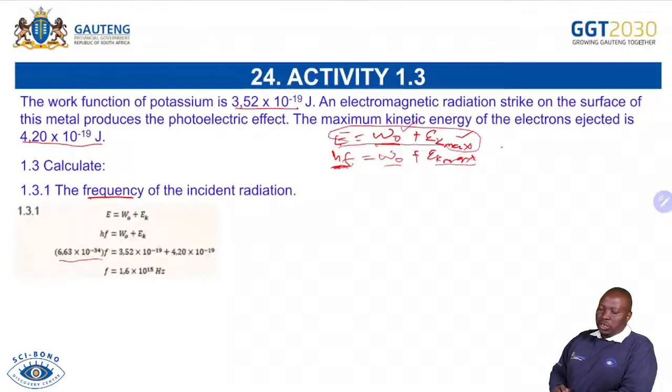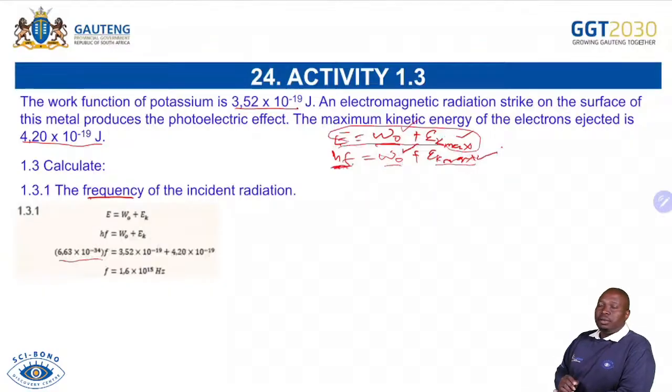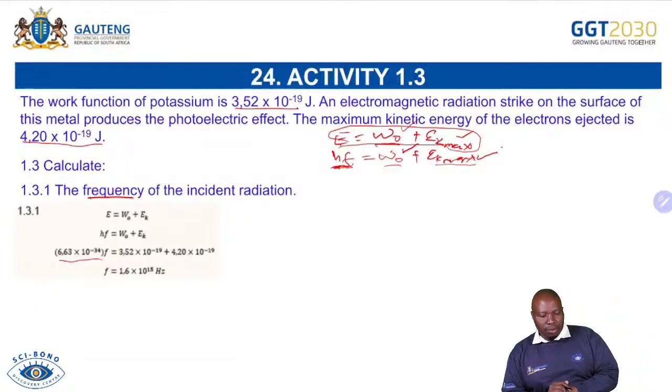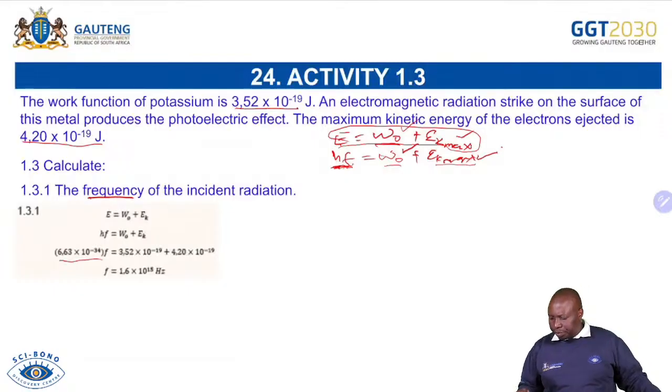That is what you are preoccupied with at all times when you are dealing with calculations, to say this is where I'm going, what is it that I'm given? I'm given EK max and I'm given the threshold, the work function, and because I'm given those two, they are looking for frequency. Definitely I will substitute the Planck's constant and divide both sides by the Planck's constant and be able to get my answer with no problem.